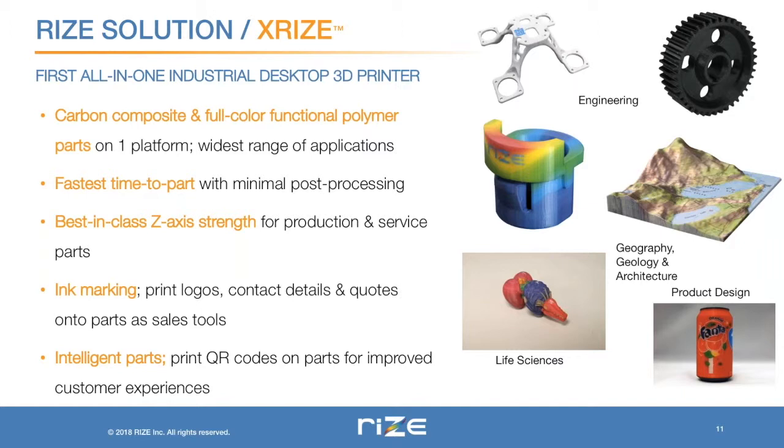It's also useful in life sciences, where full color can differentiate among different organs and illustrate properties quite effectively. And it's also useful for product design or prototyping, as shown here in the case of packaging.